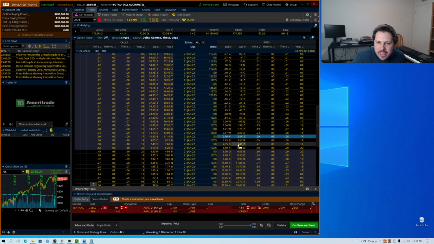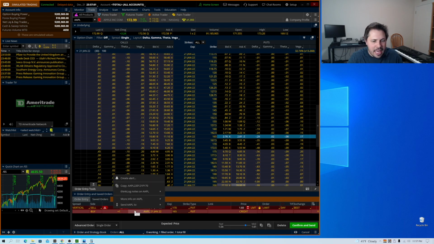So I'm selling the more expensive put that's closer to the money, and I'm buying the less expensive put 5 points away beneath the market as insurance, right? This is a 5-point spread, and we can see that maybe we could do this for $1.60 credit, right?